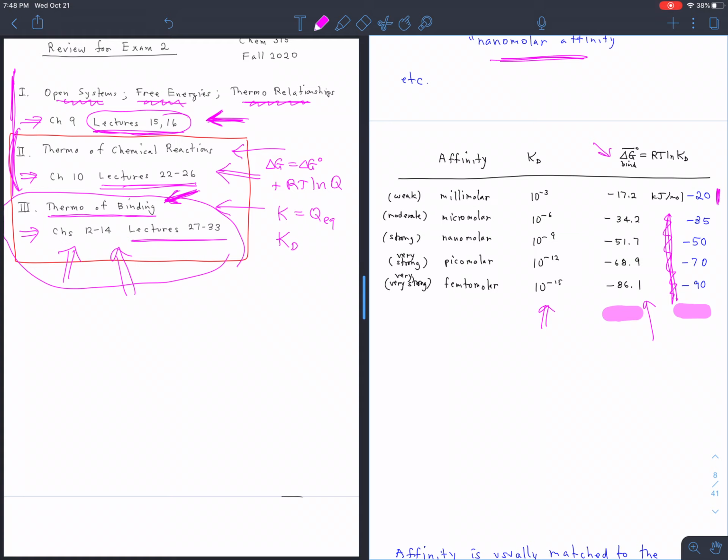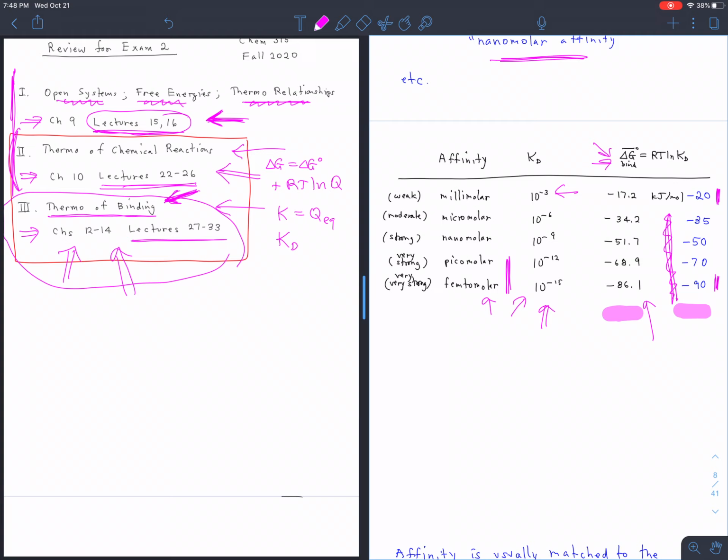Anything weaker than about minus 20 kilojoules per mole delta G of binding gives you such a weak affinity that you probably don't see much effect. Down to about minus 90, that's the range. At minus 90, you've got such strong binding that the thing just won't let go. Picomolar and femtomolar binding affinities are so strong that the thing just never lets go.